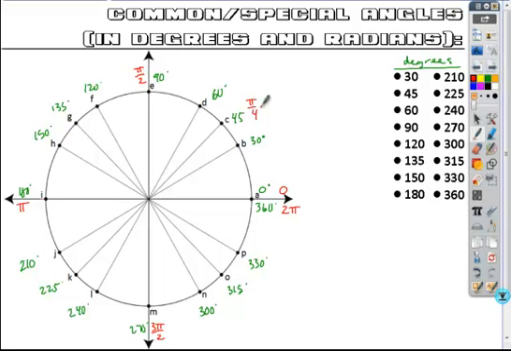What if we went back to our unit circle and started counting by pi over 4s, like we did with the 45s earlier? 1 pi over 4, 2 pi over 4, 3 pi over 4, 4 pi over 4, 5 pi over 4, 6 pi over 4, 7 pi over 4, 8 pi over 4. Notice we're repeating some of them. I'm just showing you this to help derive it when the time comes.